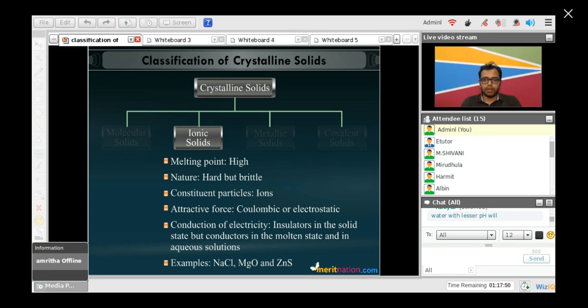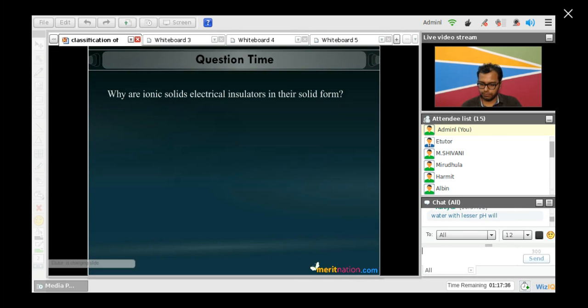Fine. Now, examples of ionic solid are NaCl, MgO, and ZnS. All the ionic compounds form ionic solids. Now a question: why are ionic solids electrical insulators in their solid form? We have already covered it. Can anyone tell me why?